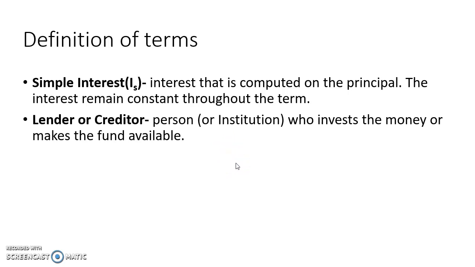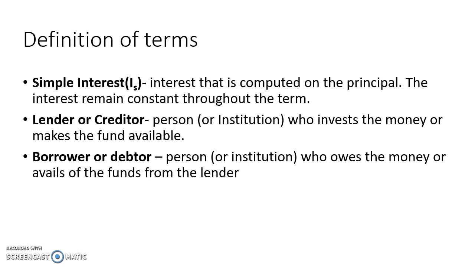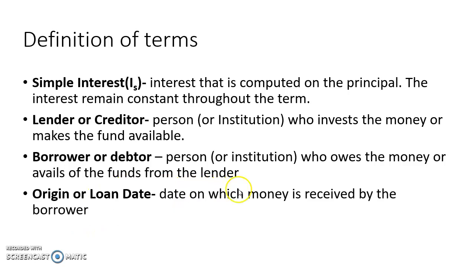Lender or creditor: person or institution who invests the money or makes the fund available. Borrower or debtor: person or institution who owes the money or avails of the funds from the lender. Origin or loan date: date on which money is received by the borrower.